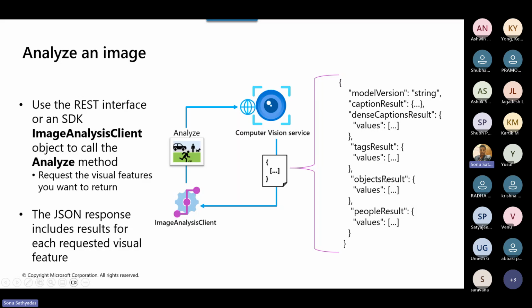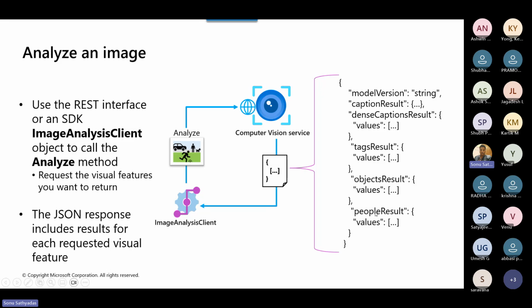As you see here, suppose you are asking the model to get the tags, then you will get a tags result. If you are asking the model to return the object positions, then it returns the object results. If you are asking the model to identify the people from the image, then it returns a list of people results.